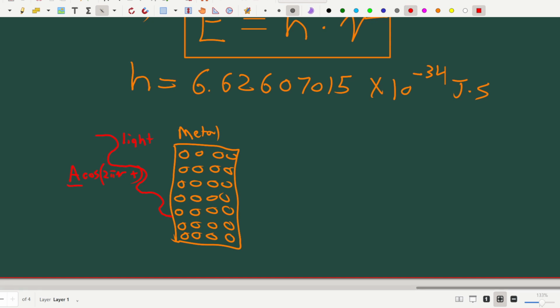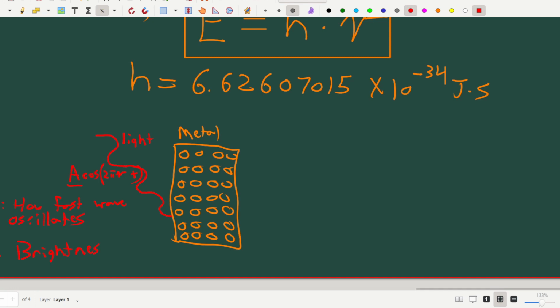Let's remember, the frequency again is how fast the wave oscillates. And A is proportional to its brightness.